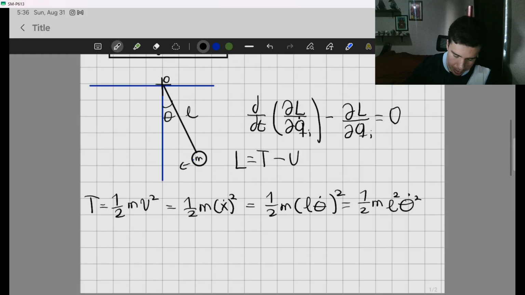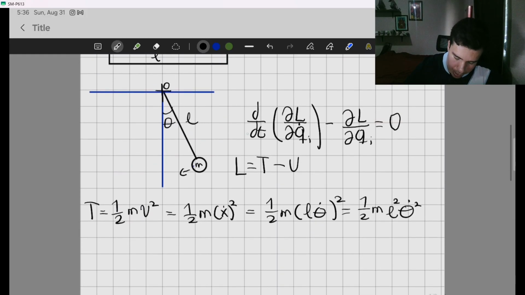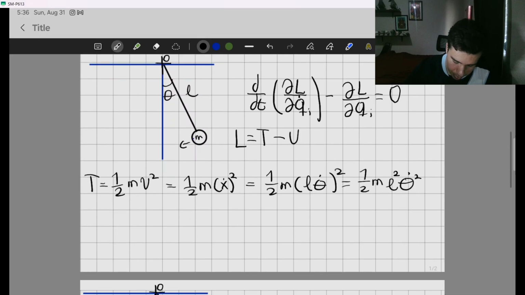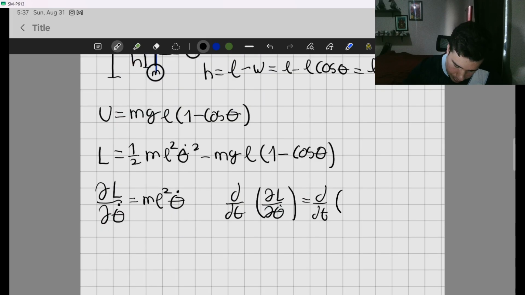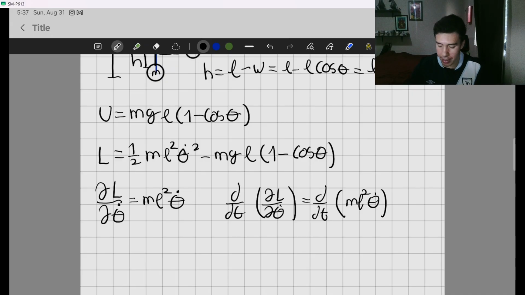And now, based on the Lagrange equations, we need to take the derivative of this expression with respect to time. So d/dt of the partial of L with respect to theta dot, which is d/dt of m L squared theta dot. The only thing that is changing is the velocity.